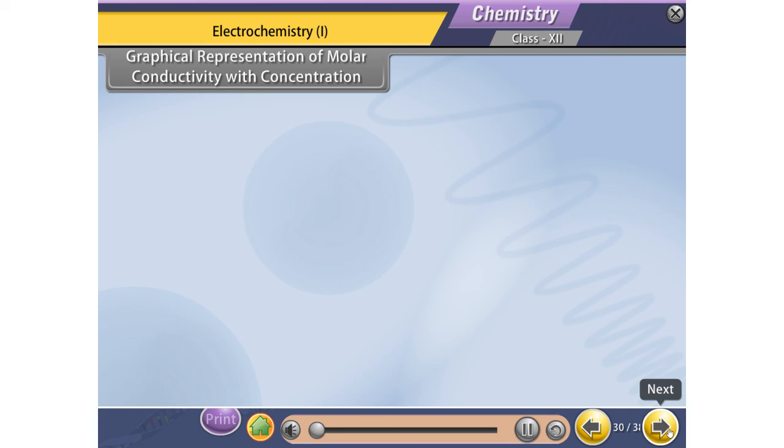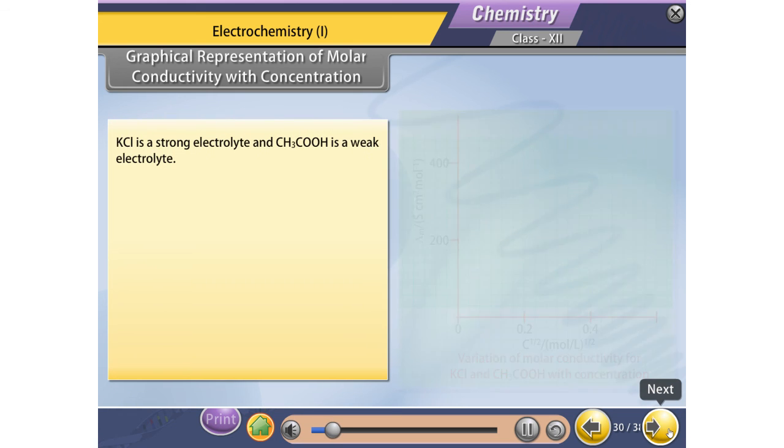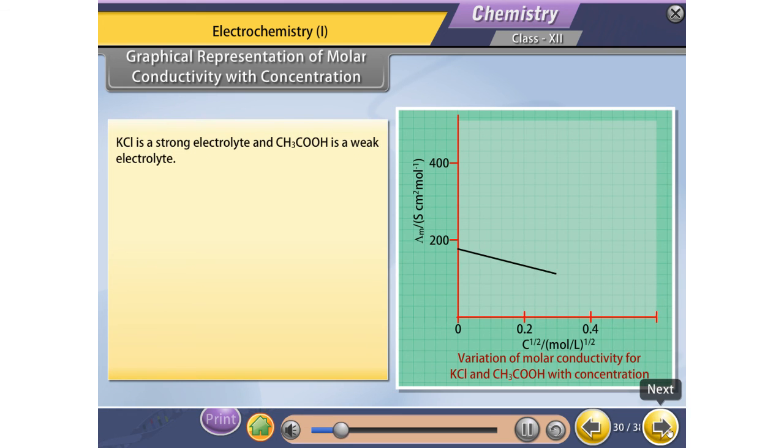Graphical representation of molar conductivity with concentration. KCl is a strong electrolyte and CH3COOH is a weak electrolyte. A graphical representation shows the variation of molar conductivity with concentration.